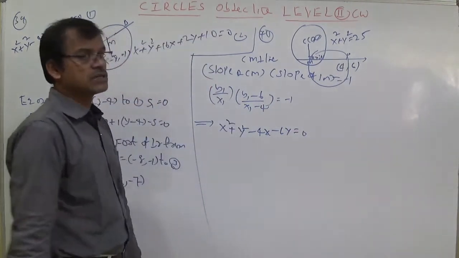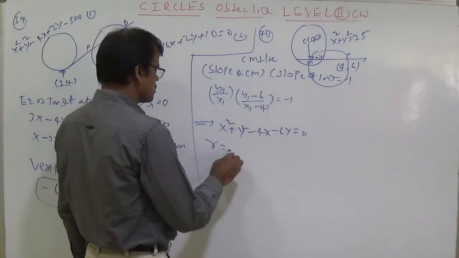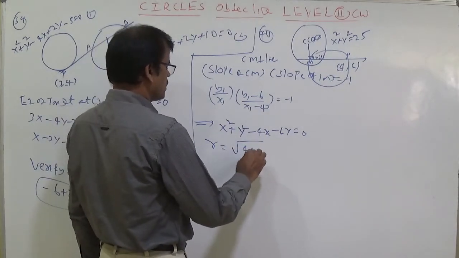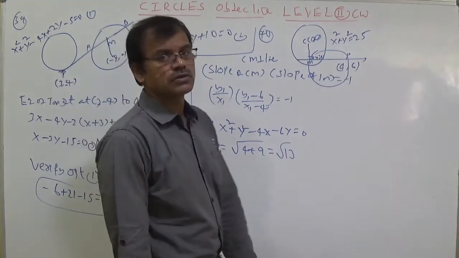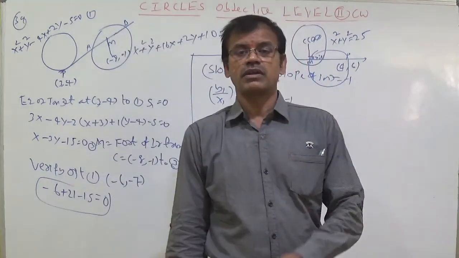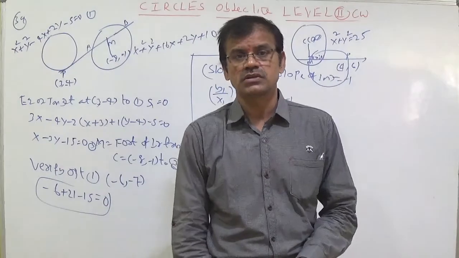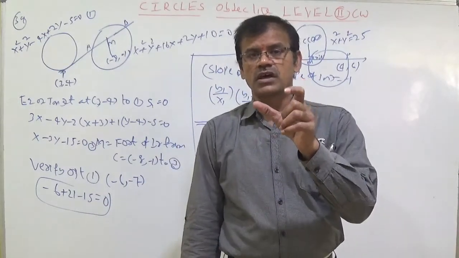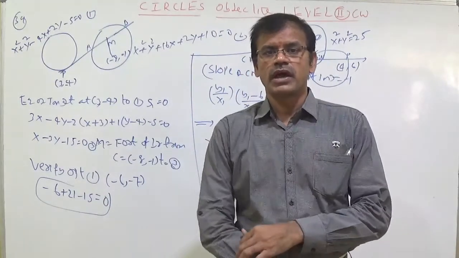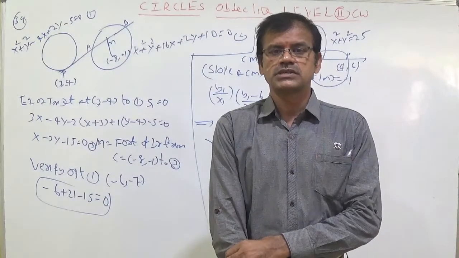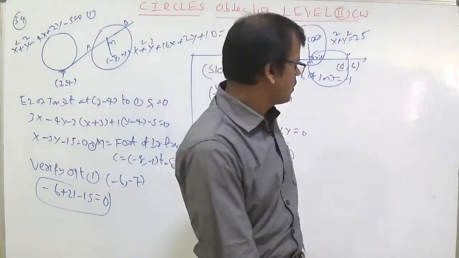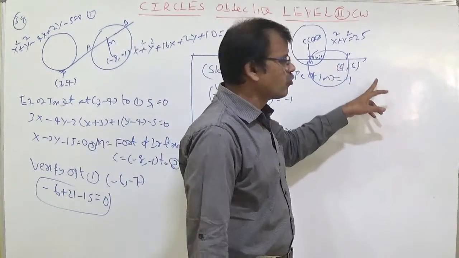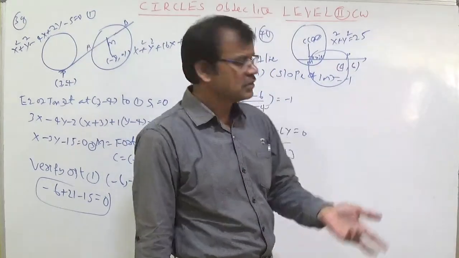For this one, the center is (2, 3) and the radius is the root of 4 + 9, that is root 13. For this model question, a shortcut is also there. Whenever it is given as (4, 6), you take the value (2, 3) as center, and radius is the root of g² + f², that is 4 + 9 = 13 directly. Whenever (8, 4) is given, you take half of it, that is the shortcut.